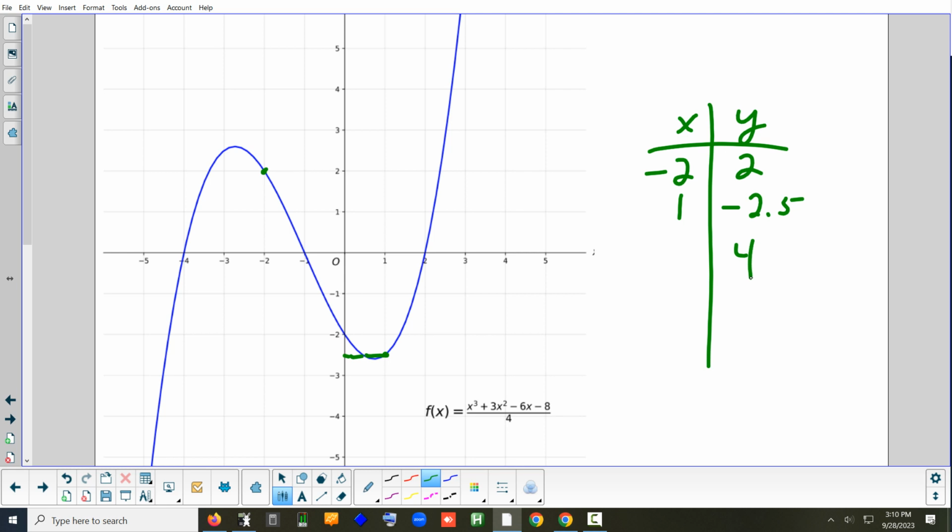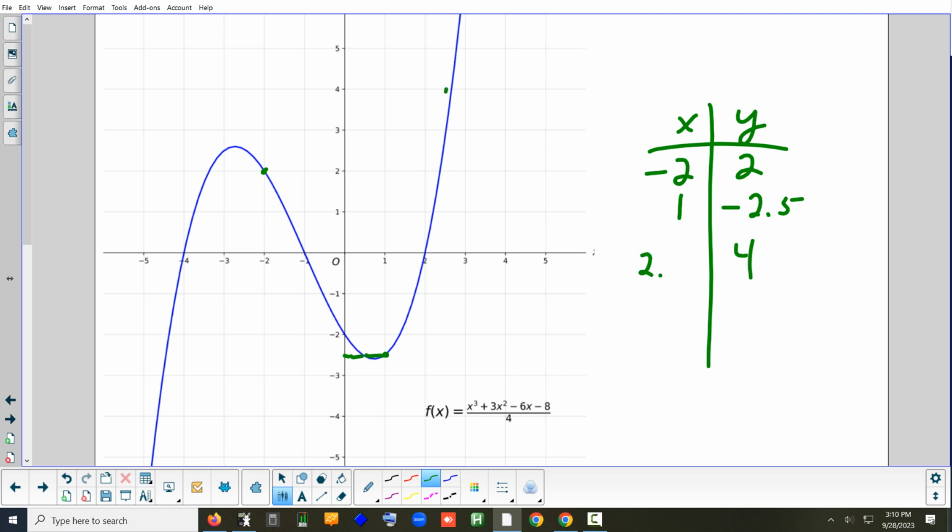When the y value is 4, what does it look like the x value would be? Yeah, 2 and 2/3. It's a little more. 2.5 would probably be right about there.